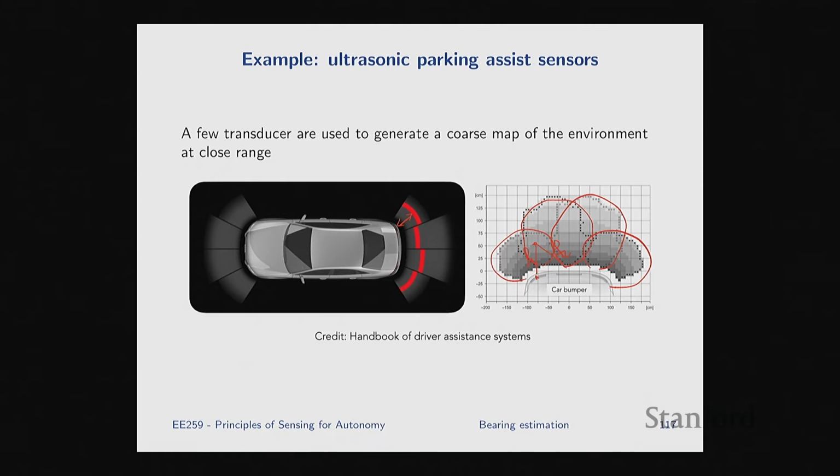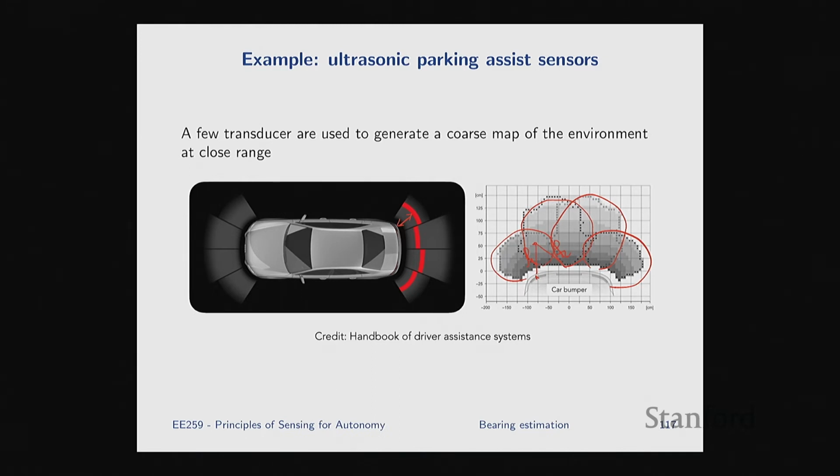And the fancier cars that, for instance, have an automatic parking function should do this, because if you want to automatically park the car, just proximity is not enough. You need to build a mini map around the car.